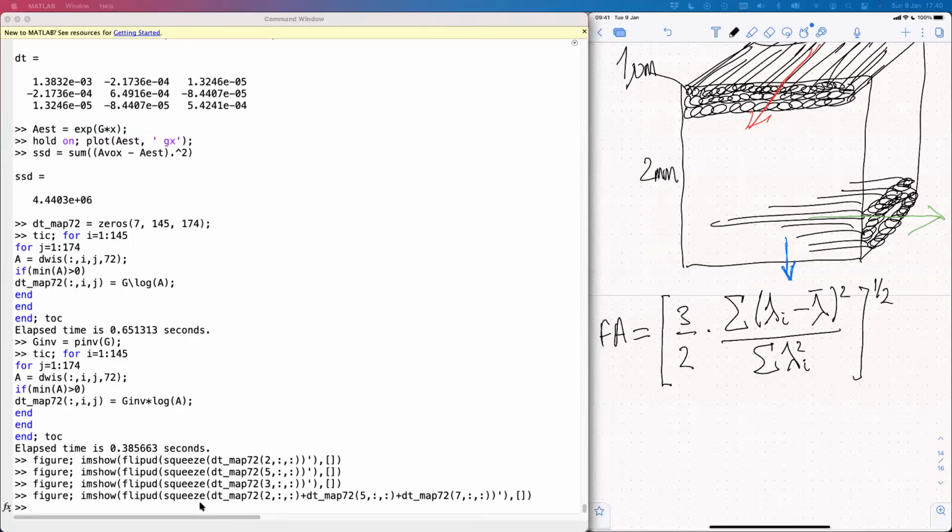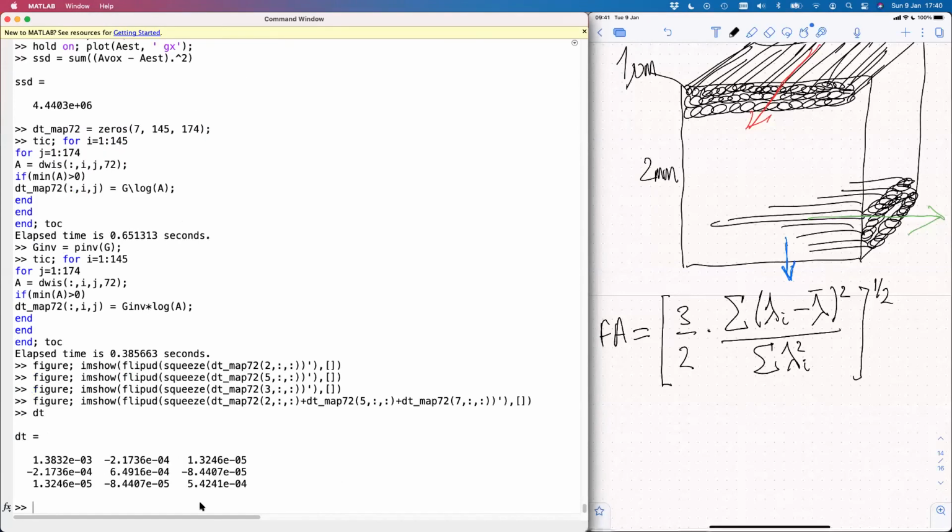Let's start by just implementing that on the single diffusion tensor that we already computed. So if you remember, we'd made this diffusion tensor before from the voxel list that we just picked randomly from the middle of the brain. There's a function in MATLAB that will compute the eigen system of a matrix.